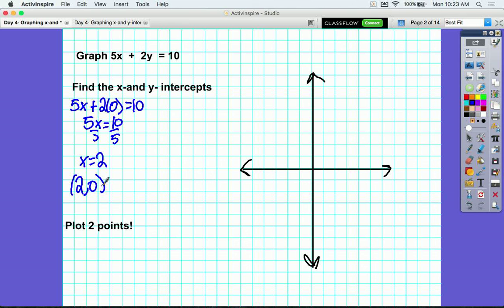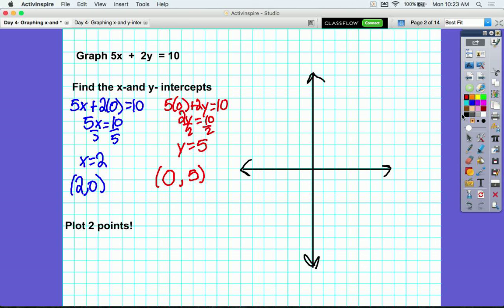I want to remember that x is only 2 when y is 0, and that's why I write that in immediately. Next, I've got 5 times 0 plus 2y equals 10. 2y equals 10, and y equals 5. So when x is 0, y is 5.